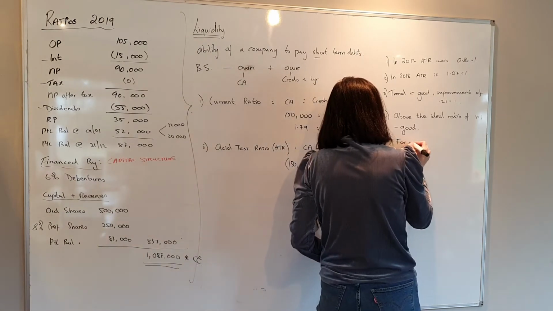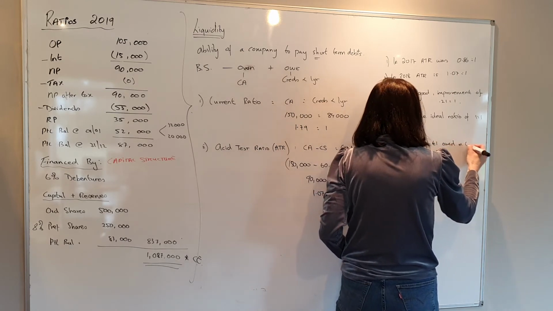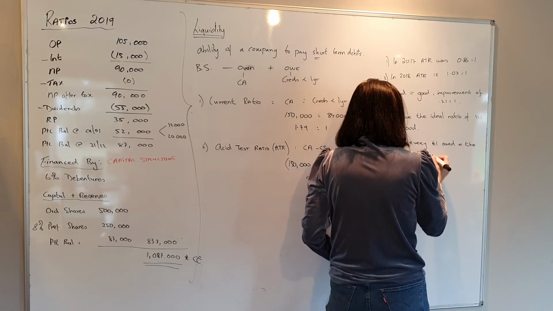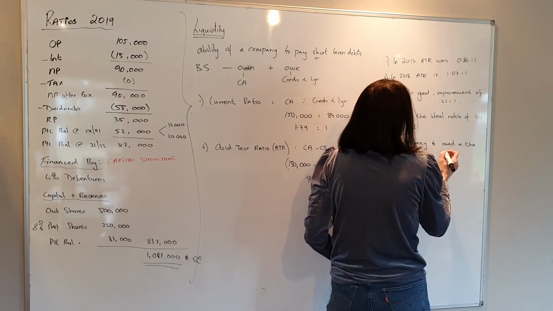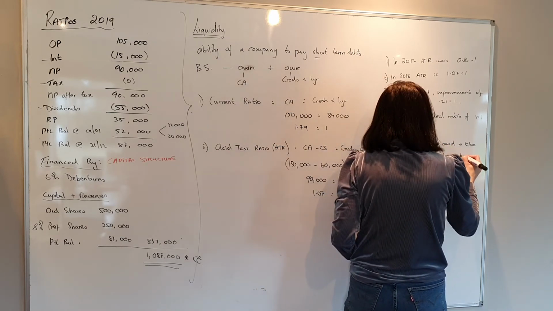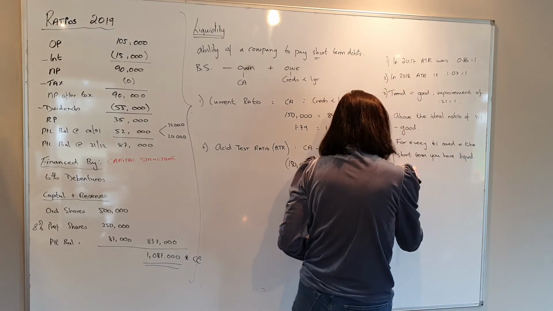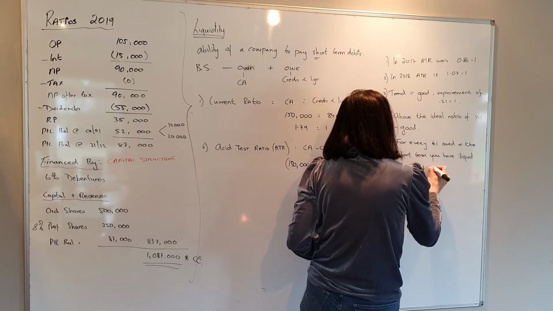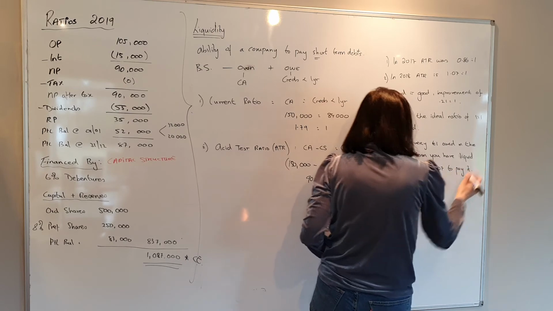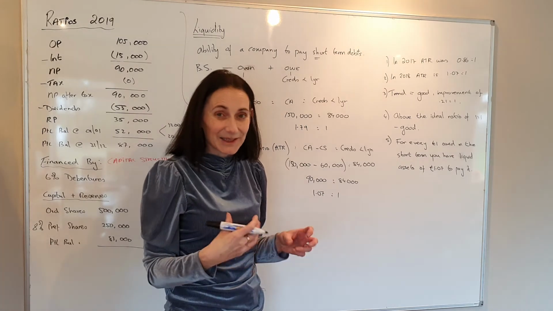So you're going to say for every €1 owed in the short term, you have liquid assets of €1.07 to pay it, and that has to be written down.